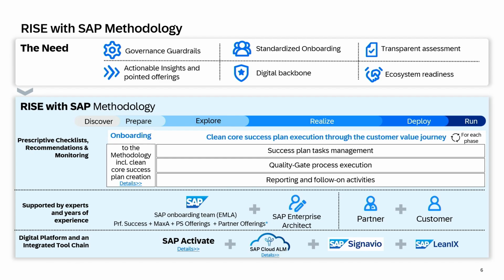And to ensure this, they came up with a structured approach to offer the customers governance and guardrails in the form of content. And this content consists of a roadmap which describes in detail the different activities that you need to perform to attain a clean core, because clean core is the focus of your transition journey to cloud ERP, so that you are able to get innovations as fast as possible.